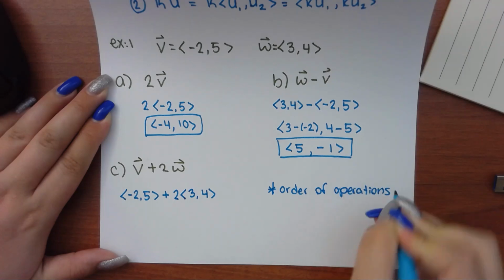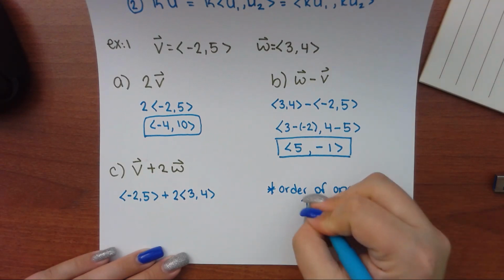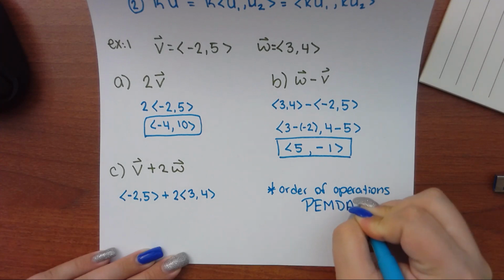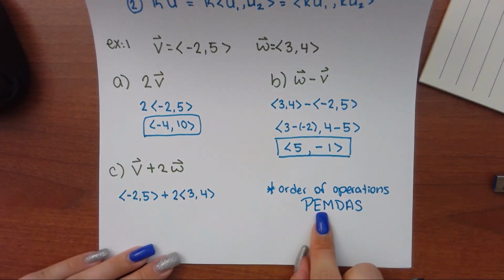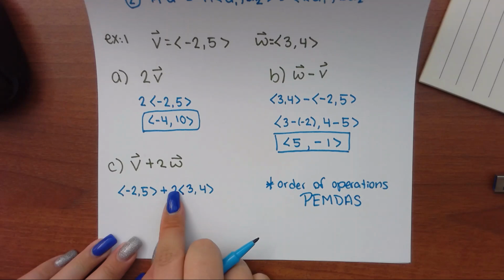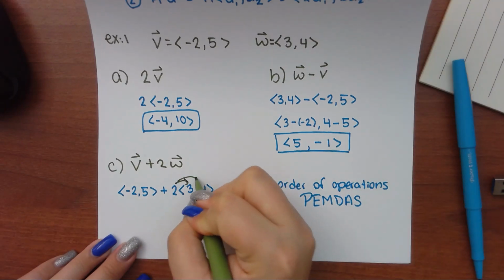That is that whole PEMDAS thing, if you remember it. Please excuse my dear Aunt Sally. Parentheses, exponents, multiplication and division, and addition and subtraction. So before we can do the addition, we have to do this multiplication piece. So I would distribute the 2 here first before I can add.